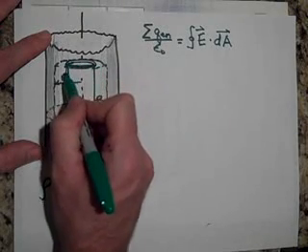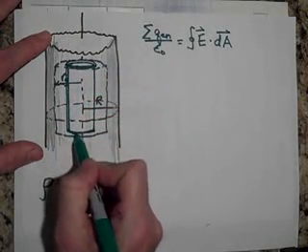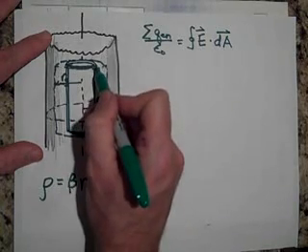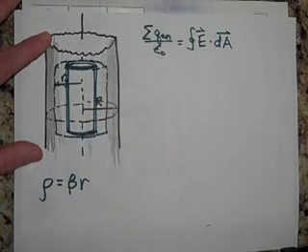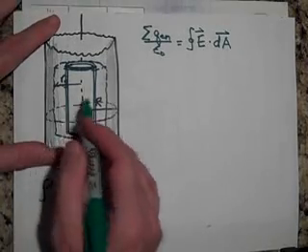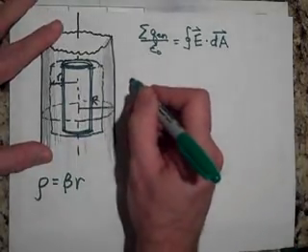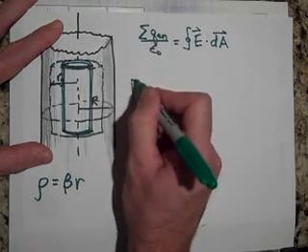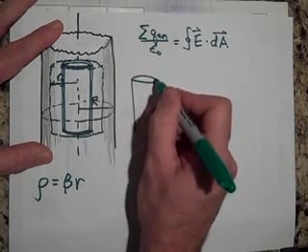It's a cylindrical shell. Let me draw that out here so we can take a look at it a little better. I'll make the thickness a little bigger so that you can see it.